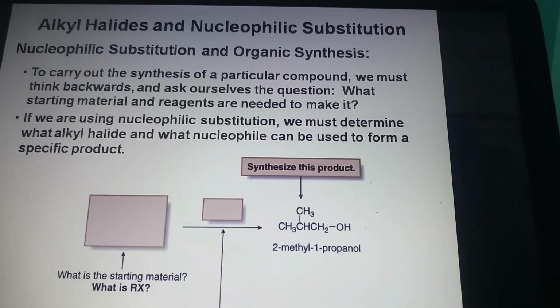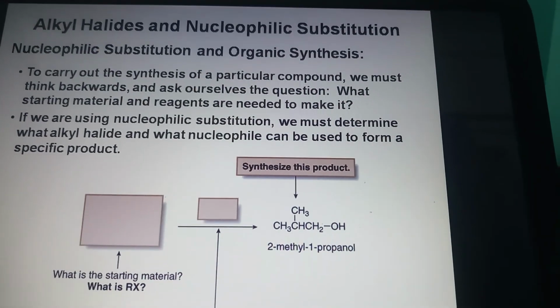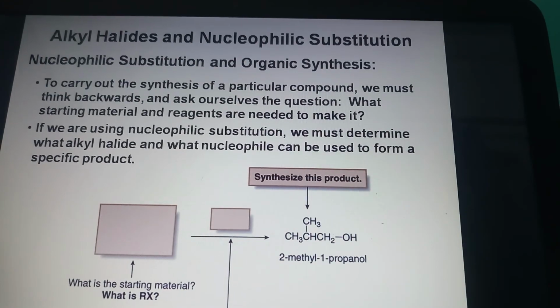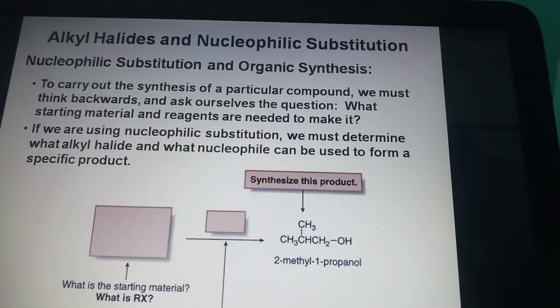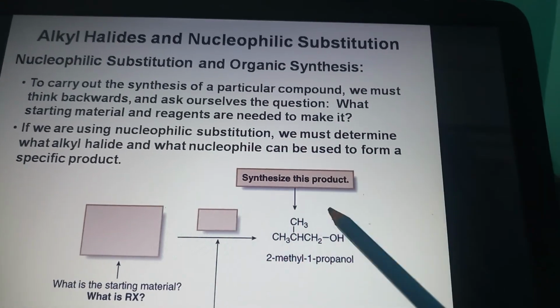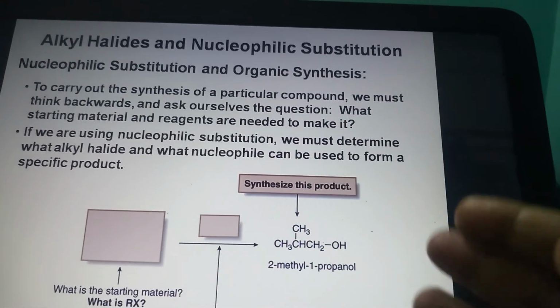If we are using nucleophilic substitution, we must determine what alkyl halide and what nucleophile can be used to form a specific product like 2-methyl-1-propanol, as in our case.